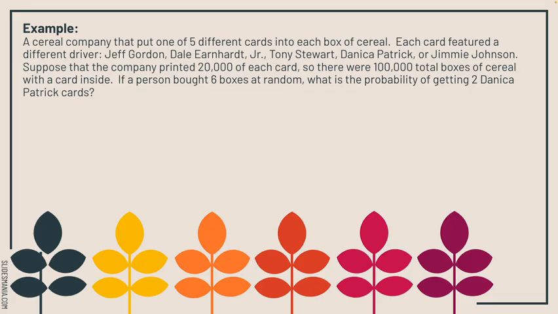If a person bought 6 boxes at random, what's the probability of getting 2 Danica cards? So let's figure out what X is. X is going to be the number of Danica cards from 6 different cereal boxes, and we want the probability of getting 2.